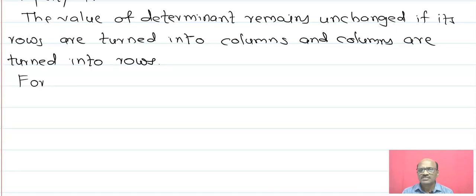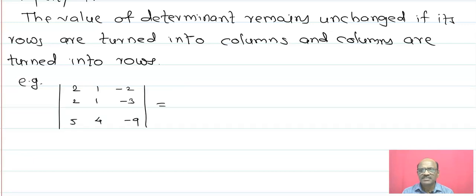Now see this one example. The determinant 2, 1, minus 2. Always read the determinant in this fashion, that is, always read the rows. That is 2, 1, minus 2, 2, 1, minus 3, 5, 4, minus 9.